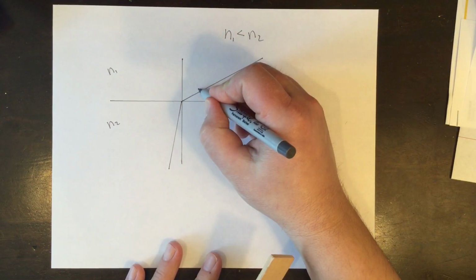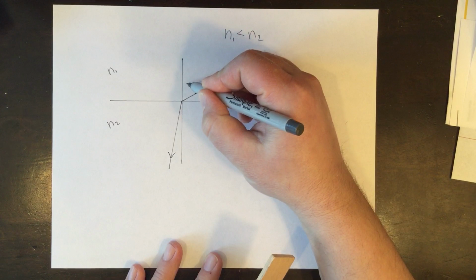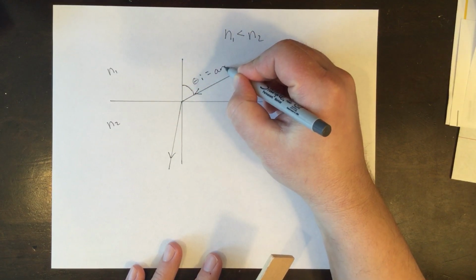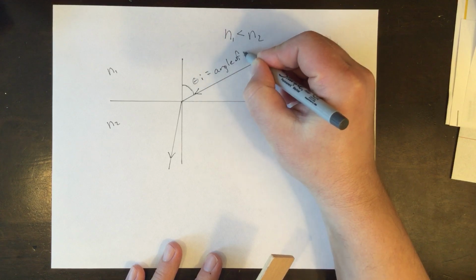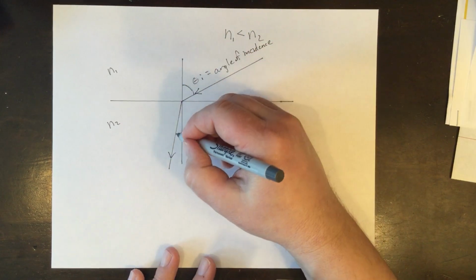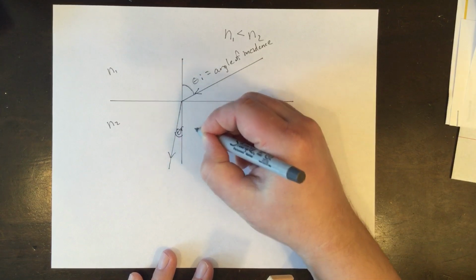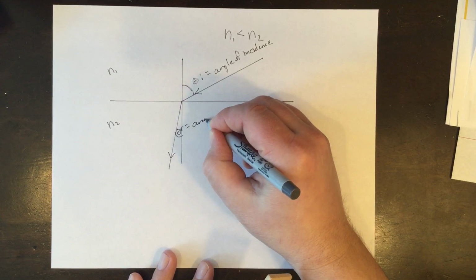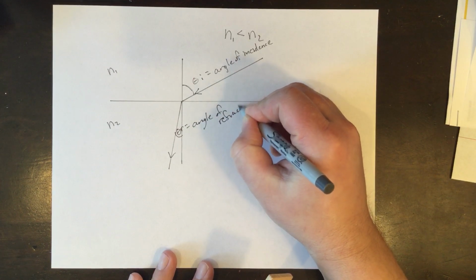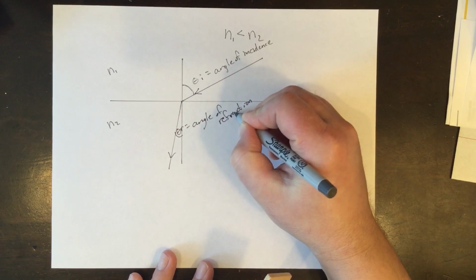So let's imagine our light's going like this. This would be defined as theta I, once again, angle of incidence. Okay. And this right here would be theta R. So it's our angle of refraction.